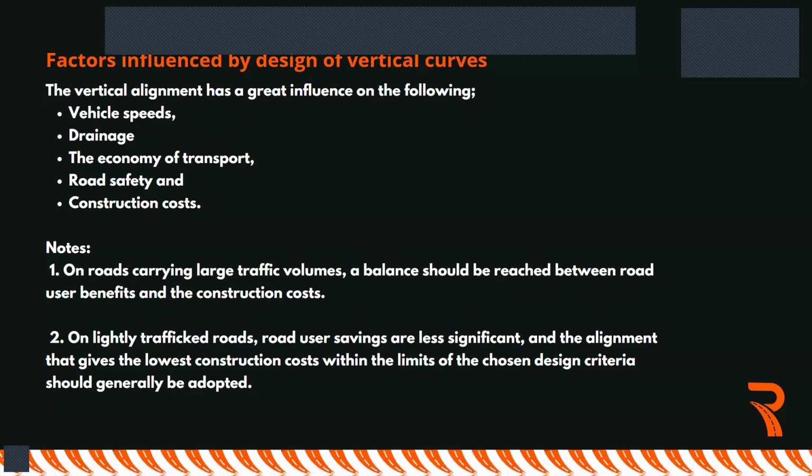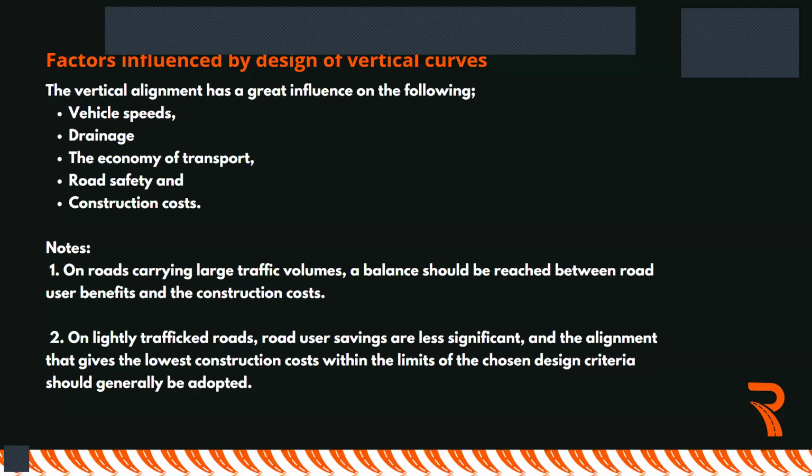So then the economy of transport, at that point, the cost of transportation is lower. The carbon emissions, again, we are able to take care of that altogether to minimize the emissions on the road. Whereas when you go to lightly trafficked roads, for example rural roads, the road user savings are less significant. It does not mean they are not important.